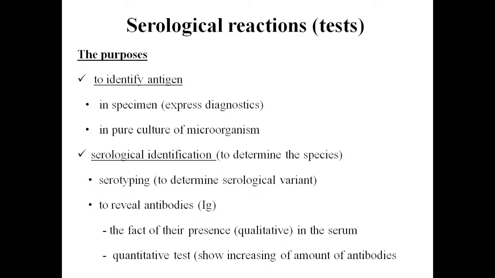It is especially important in prognosis, when we detect antibodies on the first, third, then fifth and sixth days of the disease. If the amount of antibodies increases, it means that the disease develops. If the amount of antibodies decreased, it means that our patient is convalescent.